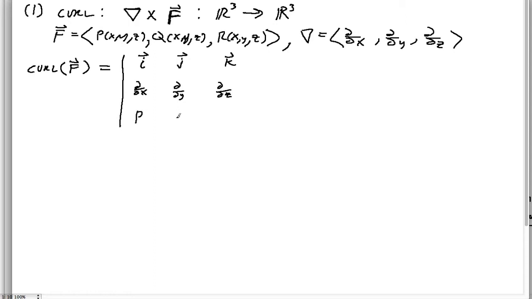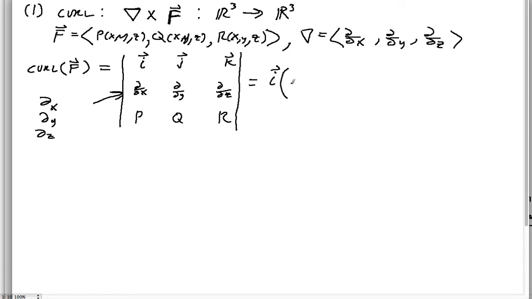Then P, Q, and R. Okay, so we'll write this out. I'm going to use a little notation just to simplify: that's my symbol for partial of x, this is my partial for y, and that's my partial for z. That's just another way of writing it, a little more compact.